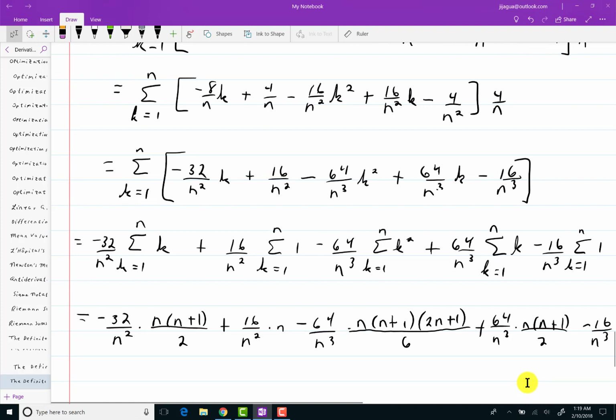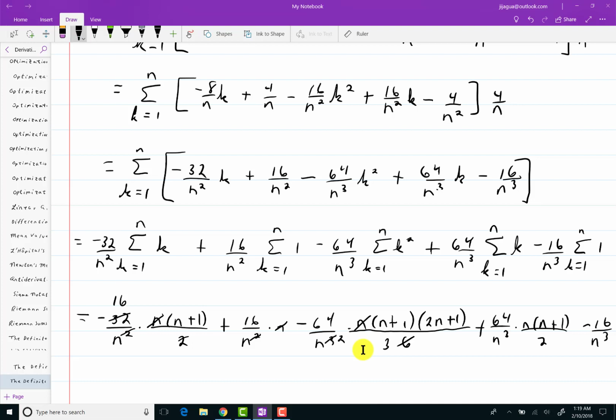And let's go ahead and simplify where I can. So I can cancel this 2 into 32. That leaves me with a 16. I can take out an n here with that. I can take out an n here and here. I can take out an n here and make that into an n squared.